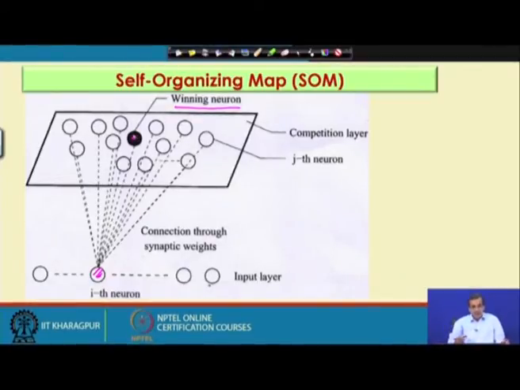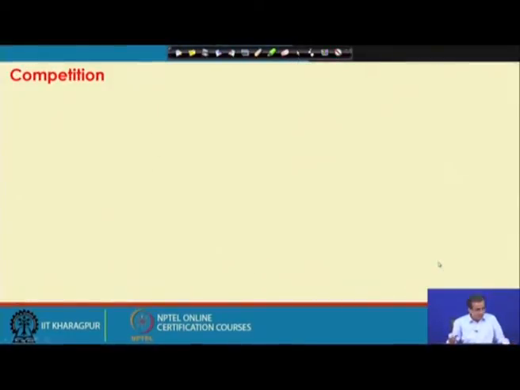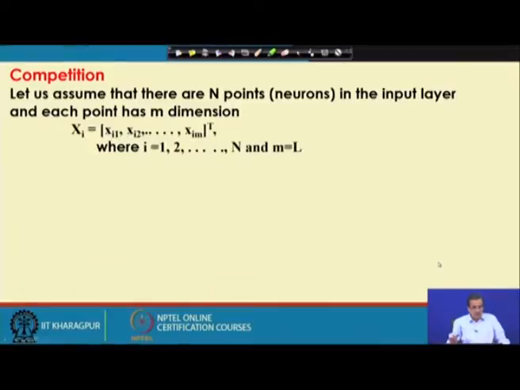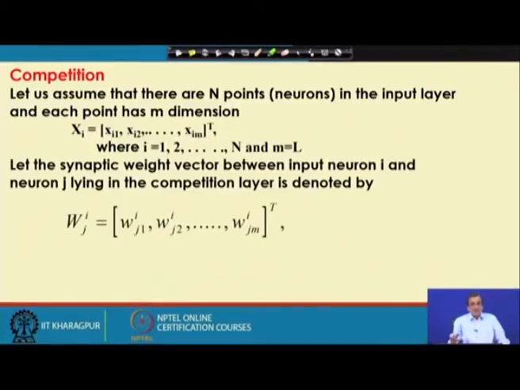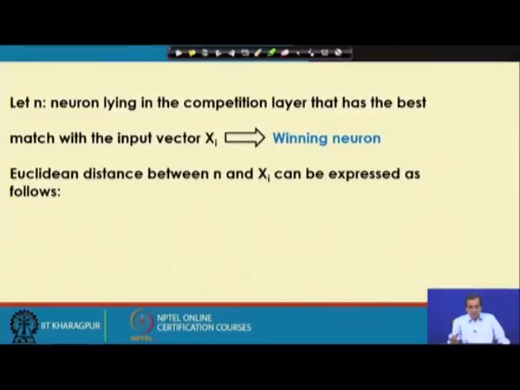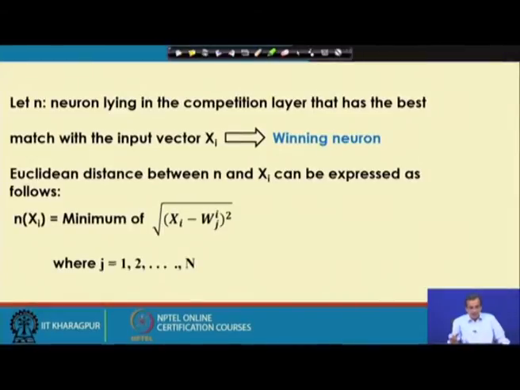Now, once we have got this winner, the operation of competition is actually over, and we are able to declare the winner.